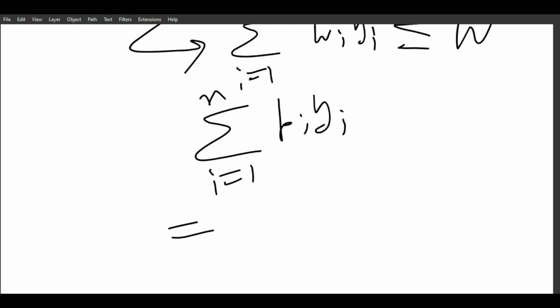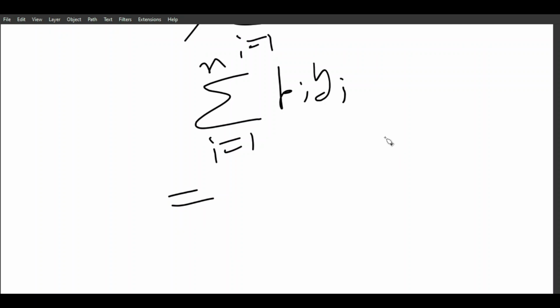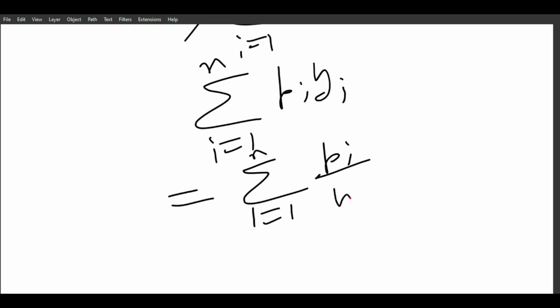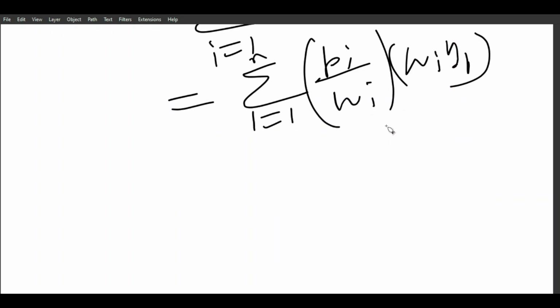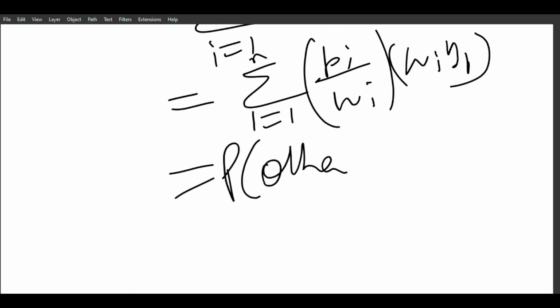This is our profit, and we rewrite the profit in a slightly different way to simplify our computations. Write this as the sum over i is 1 to n of pi divided by wi, times wi yi. So call this the profit of any other algorithm.